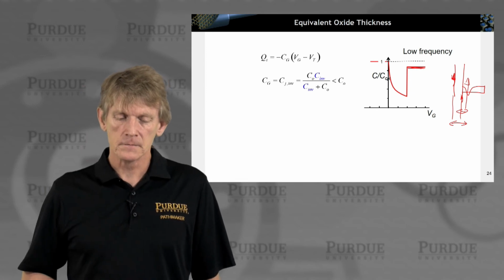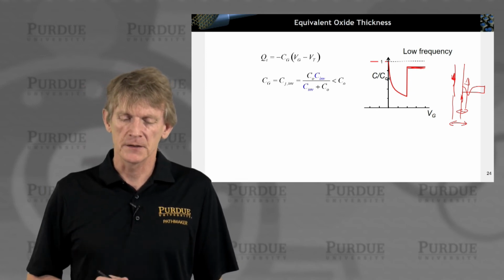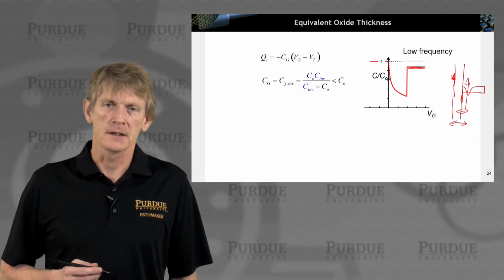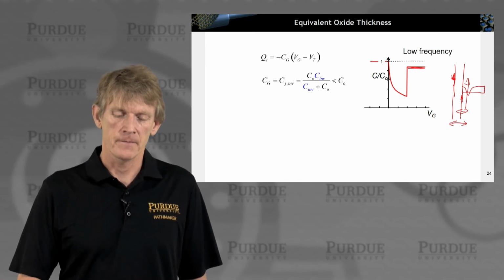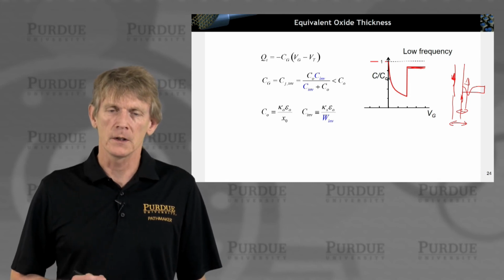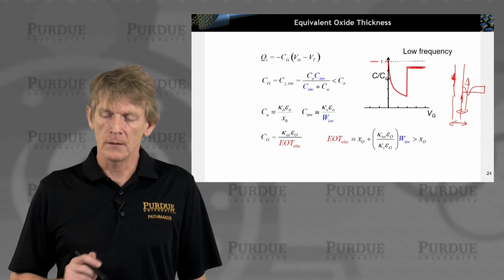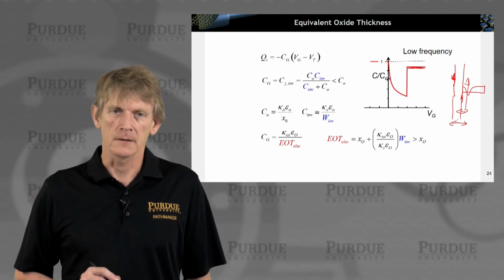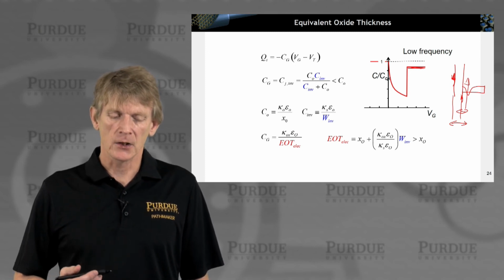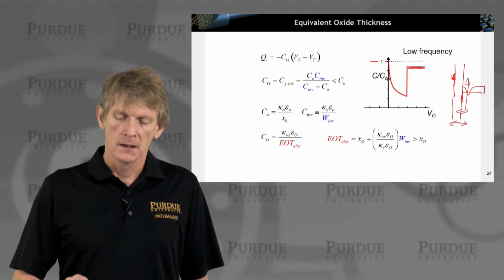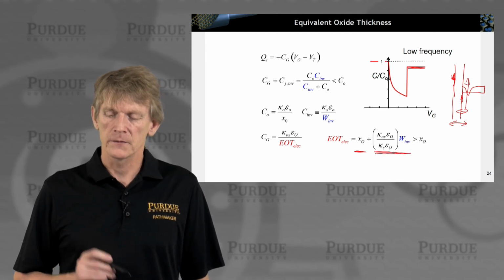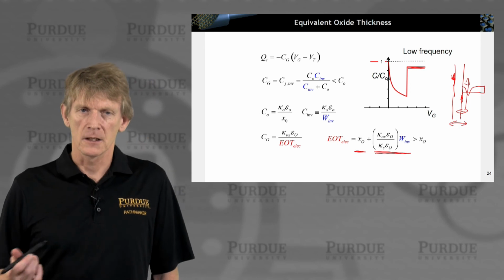So let's calculate. Here's just a statement that with this inversion charge, the overall capacitance will be smaller than the pure oxide capacitance. Now, you can still write down these expressions like what we had done before. And you can begin to lump these two capacitances together in some equivalent oxide thickness. You can calculate that equivalent oxide thickness as consisting of the oxide thickness and the electrical width of that distribution of electron charge in inversion.